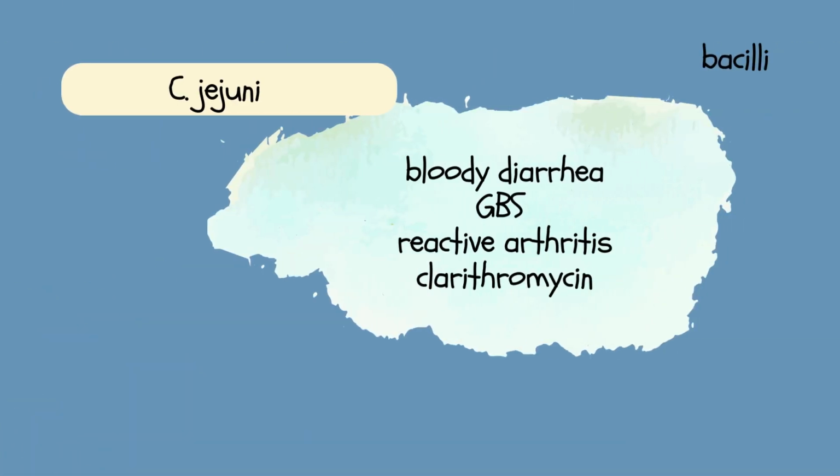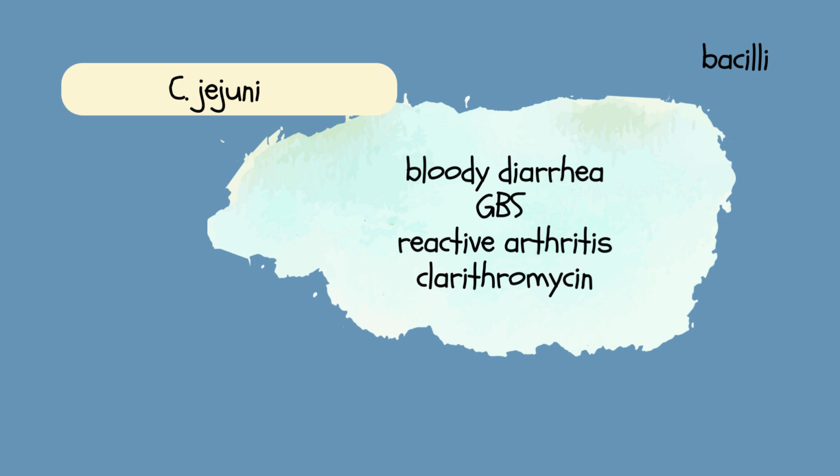Coming to Campylobacter jejuni, it can cause bloody diarrhea. Okay, like Shigella, it can cause bloody diarrhea. And this is one of the commonest infections associated with GBS. Okay, GBS is a post-infectious, acute demyelinating polyneuropathy. So Campylobacter jejuni is the commonest infection associated with GBS.